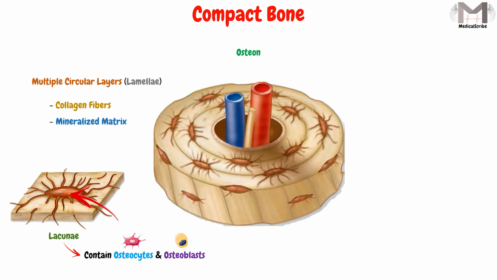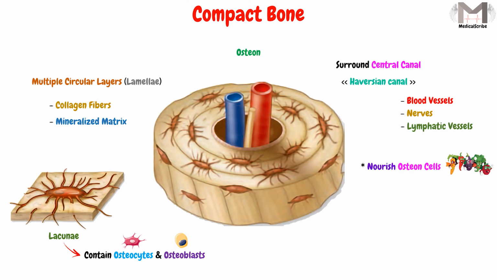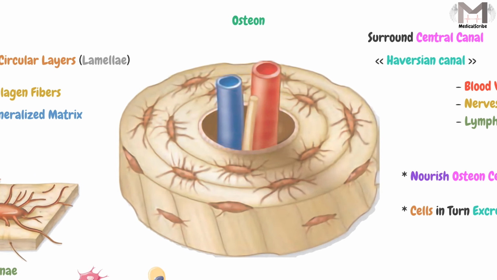Alright, this configuration of lamellae surrounds a central canal called the Haversian canal, which contains blood vessels, nerves, and lymphatic vessels. Those vessels nourish the osteon cells, and the cells in turn excrete their wastes to them. Now, let's review it quickly.